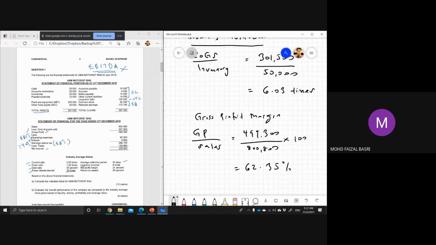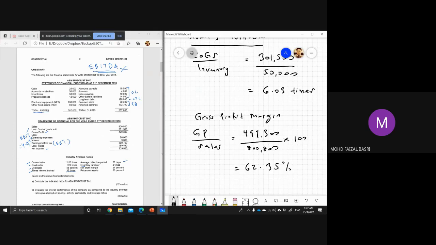From here you can also estimate: if you get 1 million in sales, possibly you're going to get about 620,000, 350,000 of gross profit.